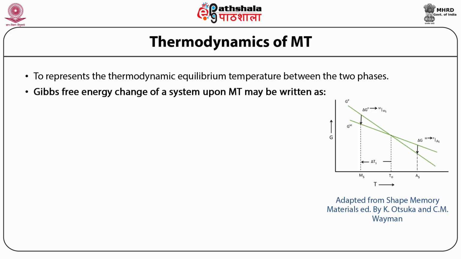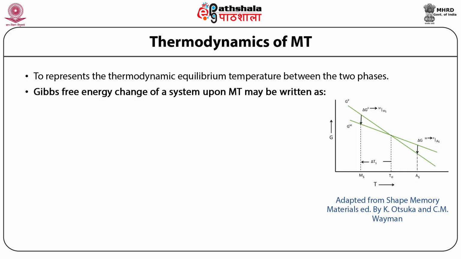The Gibbs free energy of the two phases is shown in this figure. The plots for the two phases intersect at the temperature T0, where T0 can be said to be the temperature at which the two phases are in thermal equilibrium.